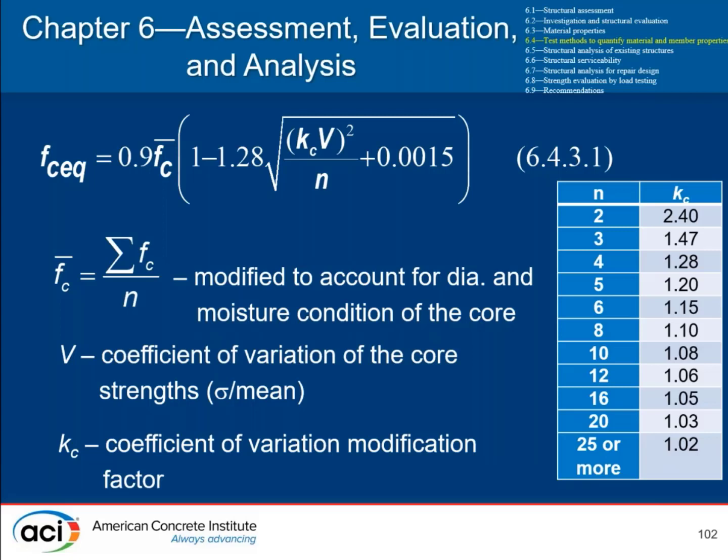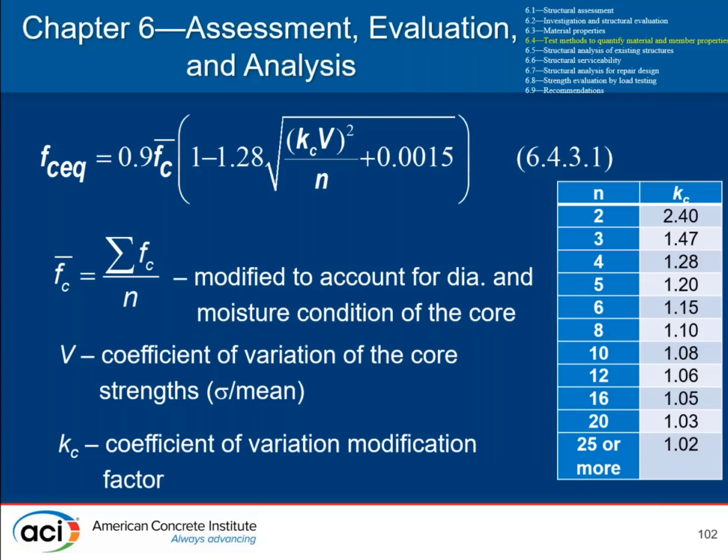So the quantity that's in parentheses is actually giving you roughly the lower 10% fractile of the mean in-place strength, and you're multiplying that by a factor of 0.9 to account for the within-structure variability of the concrete.